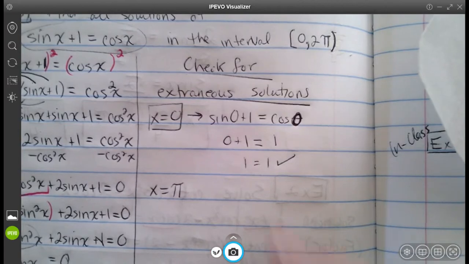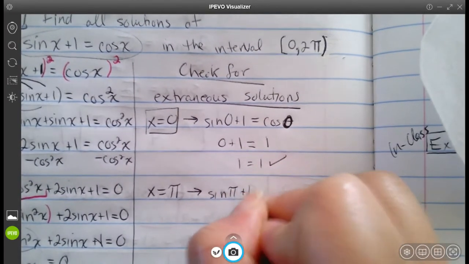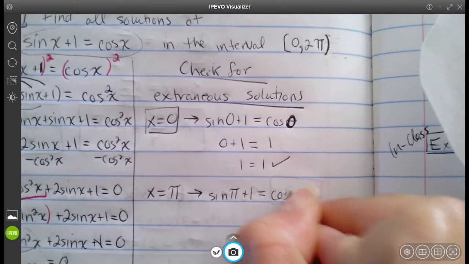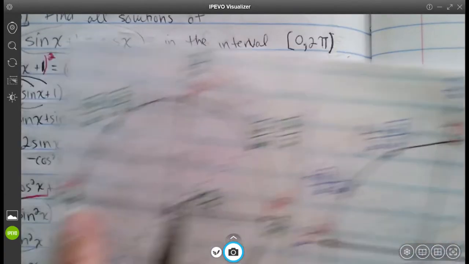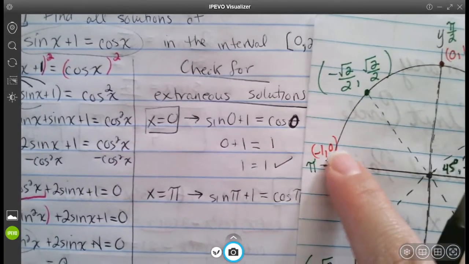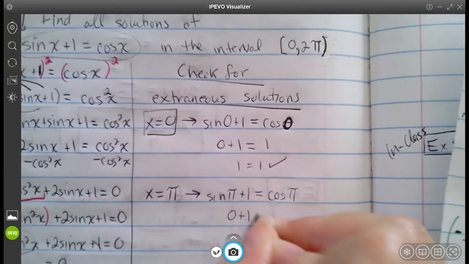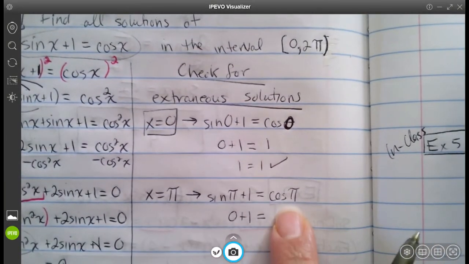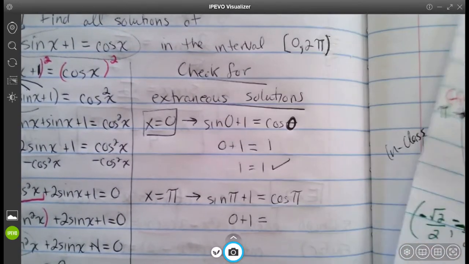Same thing. We're going to plug in sine of pi plus 1 equals cosine of pi. Let's look at pi. So pi is over here. For sine of pi, I'm looking at the y value, so it's 0. So we have 0 plus 1 equals, cosine of pi is the x value at pi, so it's negative 1.